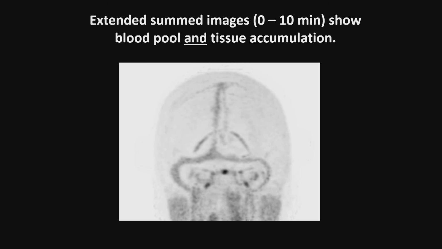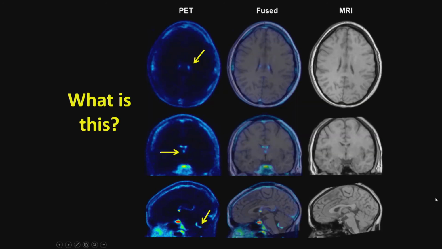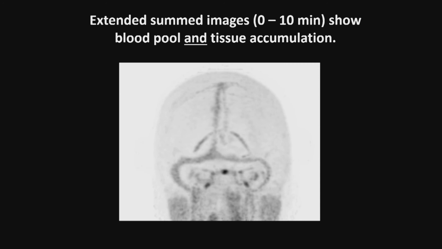Okay, so this uptake, I'll go back one. This uptake is in a tissue in the brain called the choroid plexus. The choroid plexus is a tissue that is involved with producing the CSF, the cerebrospinal fluid, or the water in the brain. And for whatever reasons, drugs that are substrates for PGP also happen to accumulate in the choroid plexus, which I have never seen before.